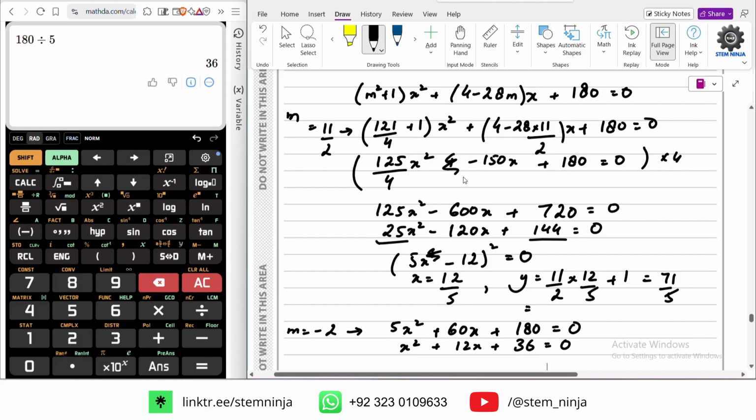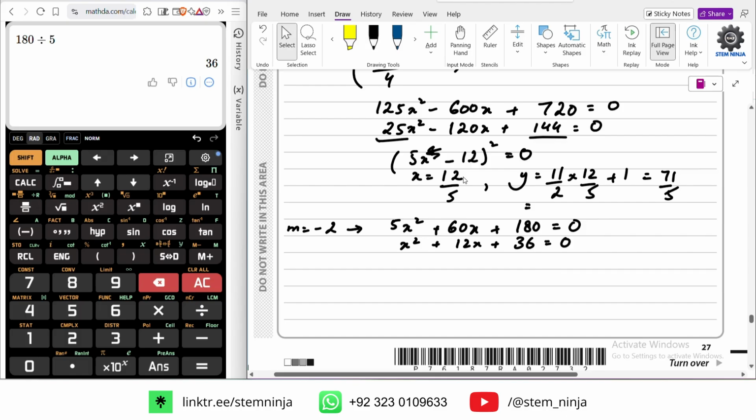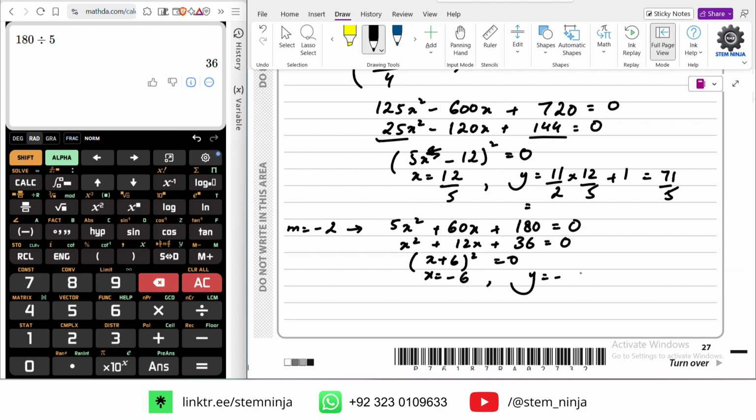So 6 and 6 is x plus 6 whole squared equal to 0. So x equals minus 6. So y is minus 2x plus 1 in this case. So minus 2 times by minus 6 plus 1, so 12 plus 1, 13.